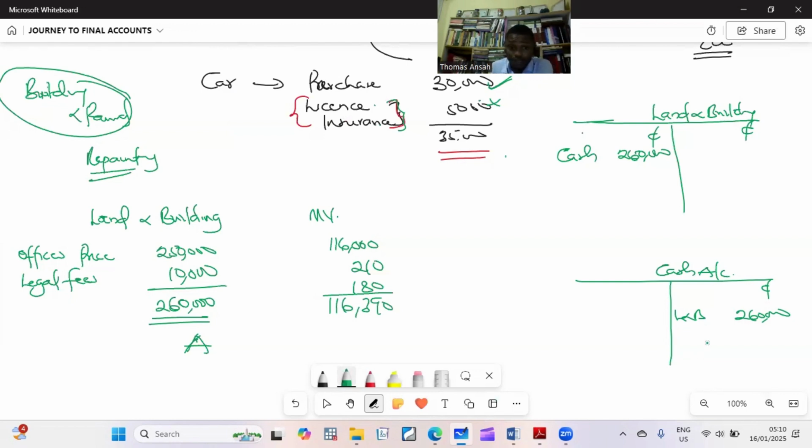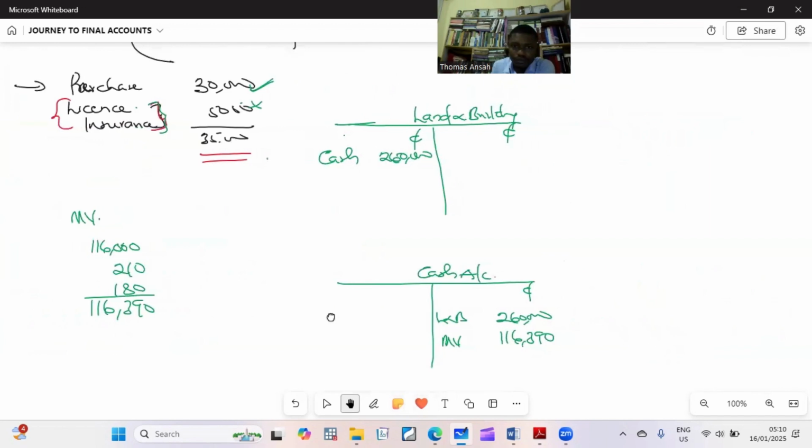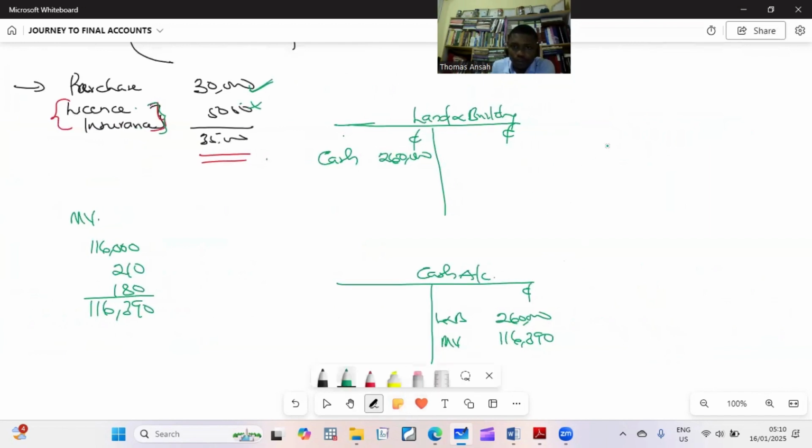Then at the same time, you bought a motor vehicle, which is 116,390. And you have also a motor vehicle account, which is increasing. So you have cash 116,390. So the name here is what you should be putting to this side.